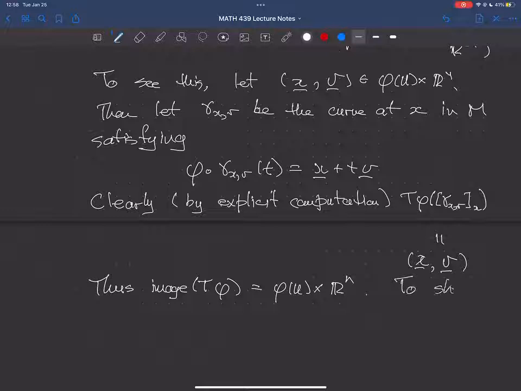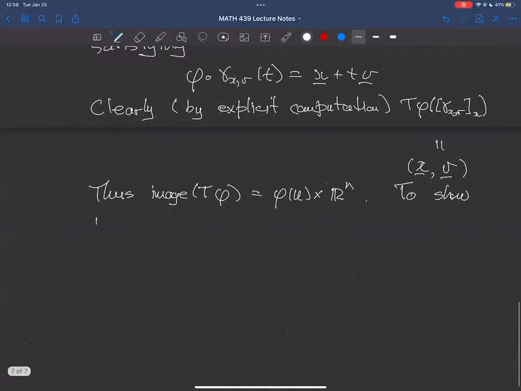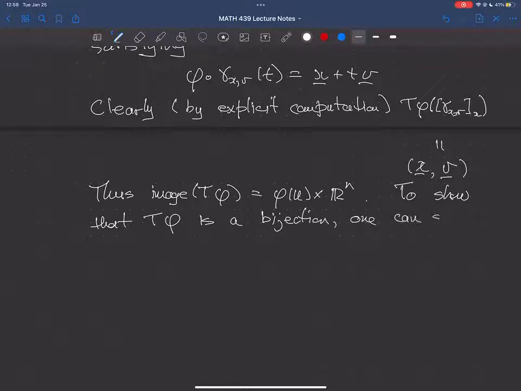To show that T phi is a bijection, one can show, and again, it's just explicitly, you can show it just by computation.